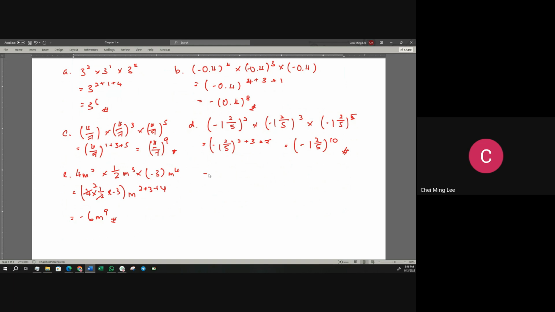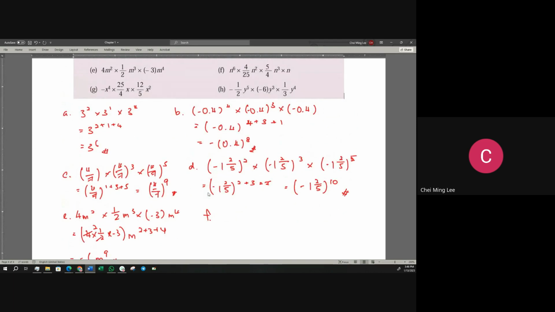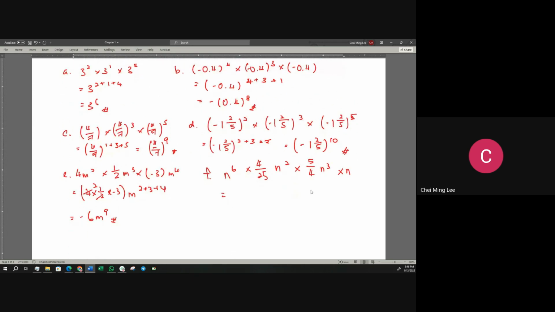So then for F, and G you didn't do. It's okay. n to the power of 6 multiplied by 4 over 25 n to the power of 2 multiplied by 5 over 4 n to the power of 3 multiplied by n. So this one is using the same way. You see, this is nothing, nothing means 1, and 6.